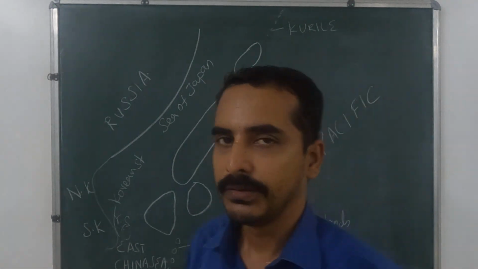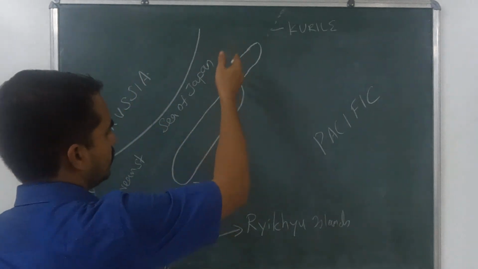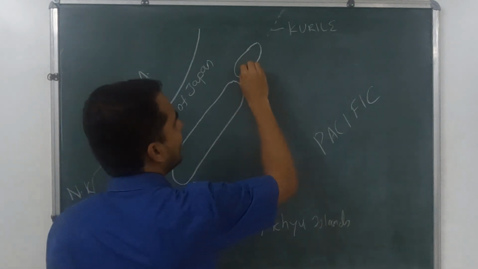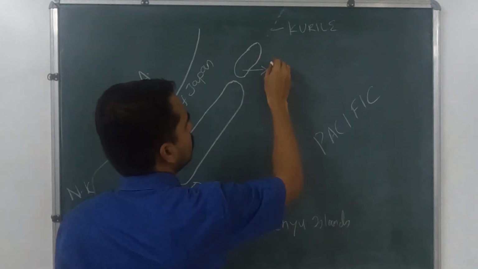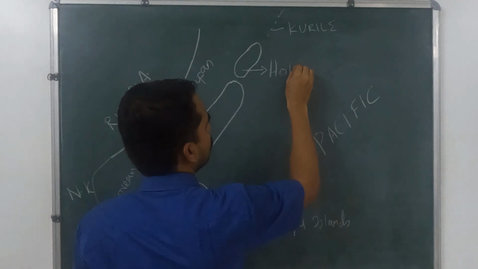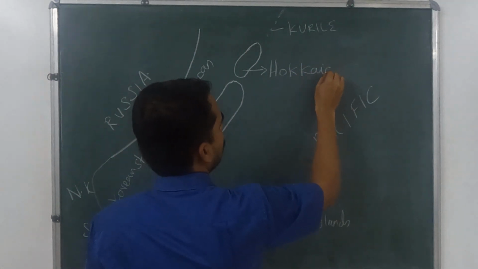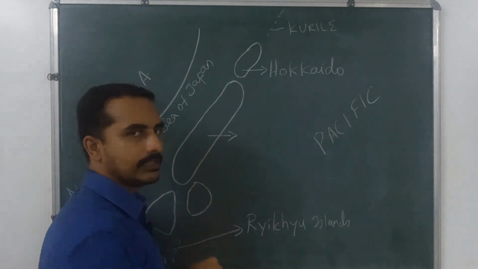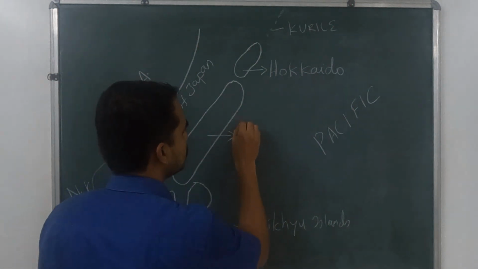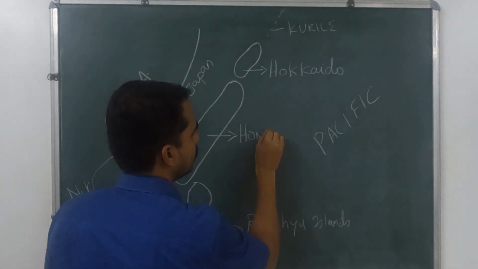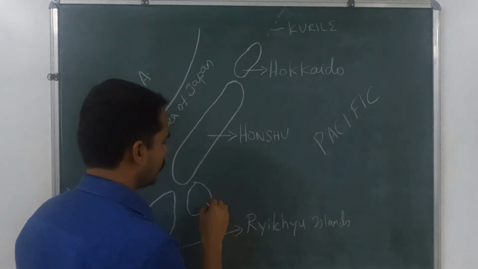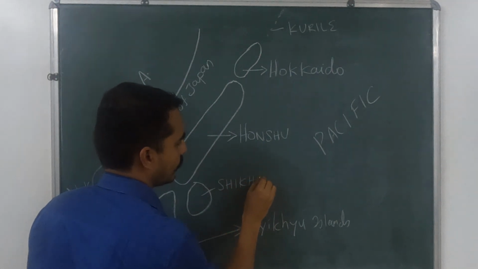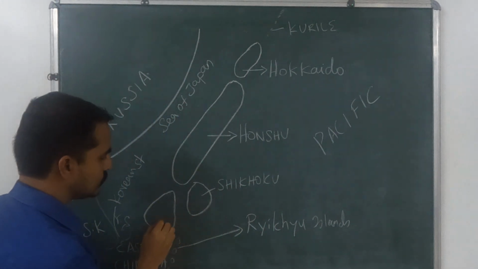Now let's come inside. In the interior, the four major islands of Japan: the northernmost island is Hokkaido Island, and then the largest island in the Japan group is Honshu Island, then Shikoku and Kyushu Island.